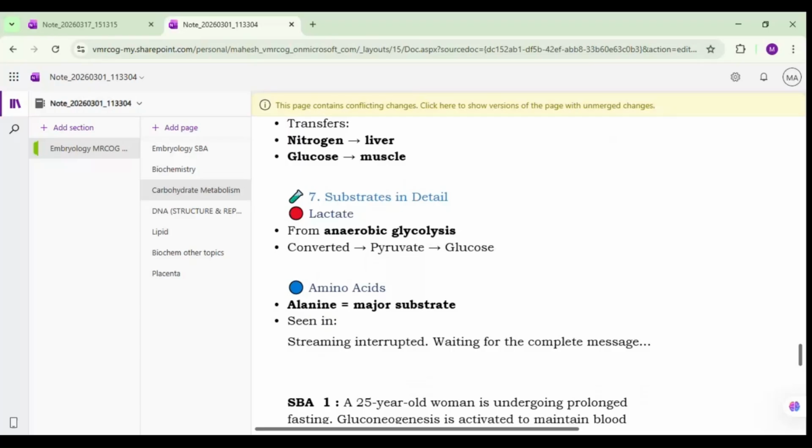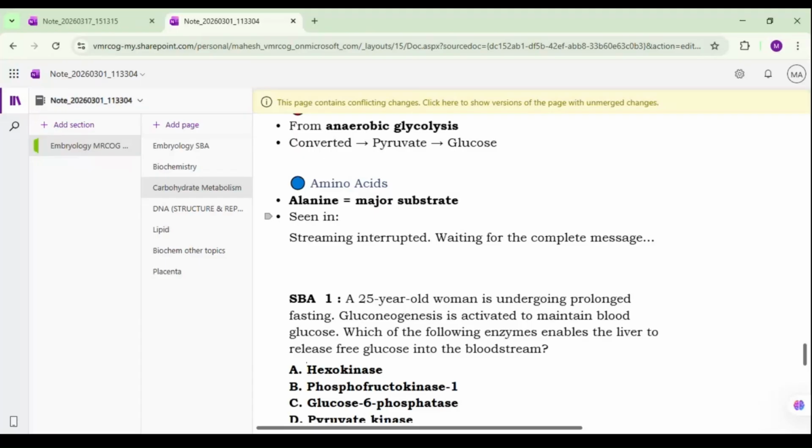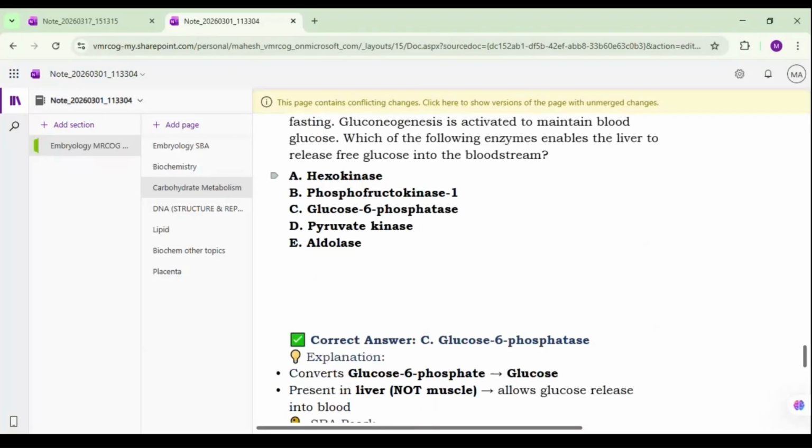Now let us see the substrates in detail. Lactate from the anaerobic glycolysis is converted to pyruvate, and then from pyruvate you get glucose. The amino acid alanine is the major substrate here. So we have finished these minor pathways also.